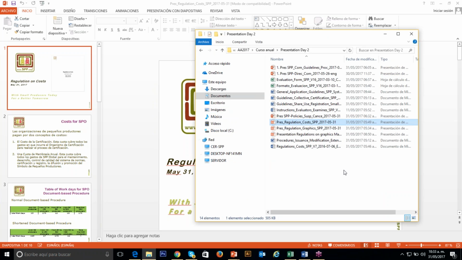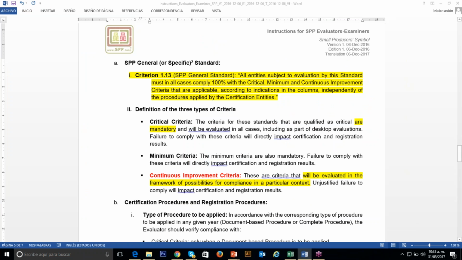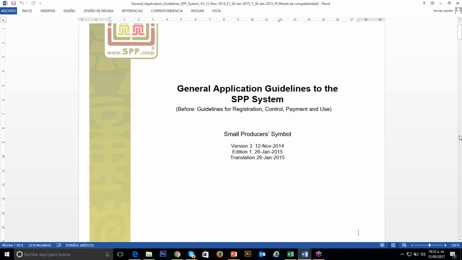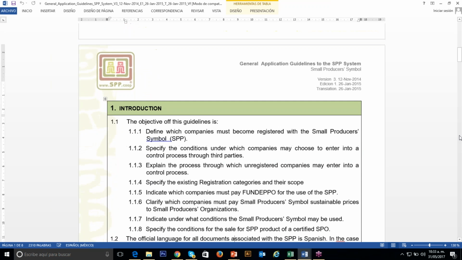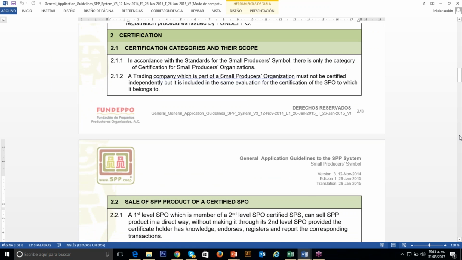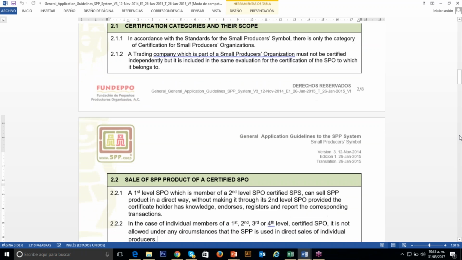This regulation is included in the general application guidelines, as I told you, because there are different kinds of companies, maybe with different possibilities, and in this document it is included if they have to be registered in the SPP certification program, or if they have to pay the user's fee.